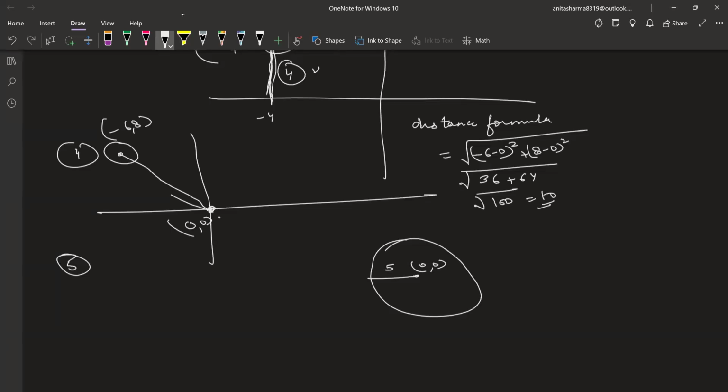And the point is given as (x, 4). So it means the distance between these 2 points is given, right? So you can write the square root of x square plus 16 is equal to 5. Then x square plus 16 will be equal to 25. Squaring both sides, x square is equal to 9, and this implies the value of x will be plus or minus 3.